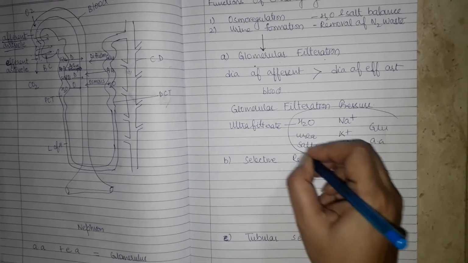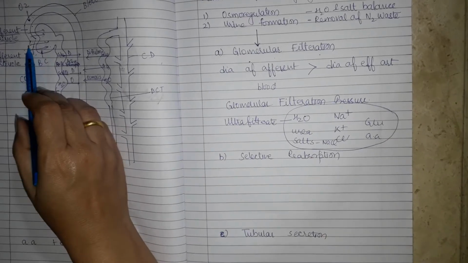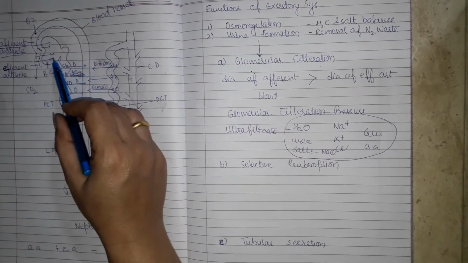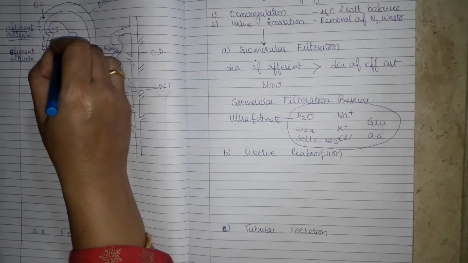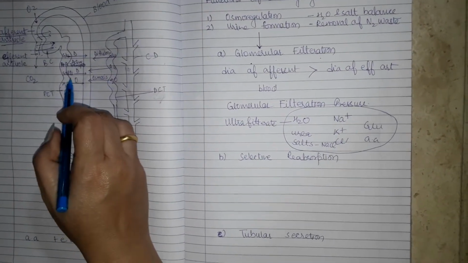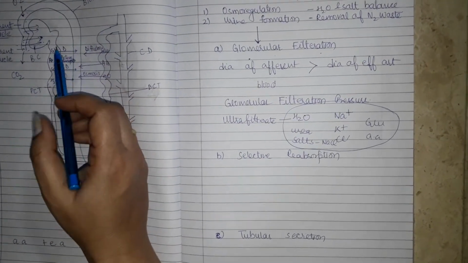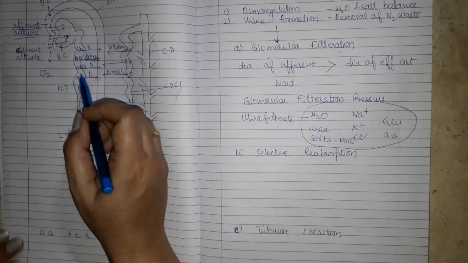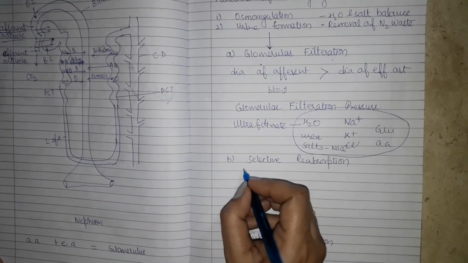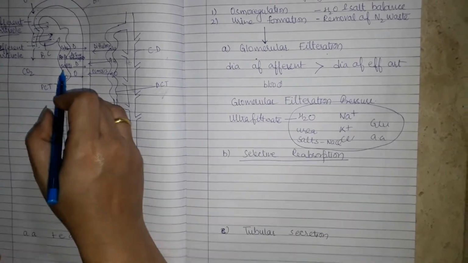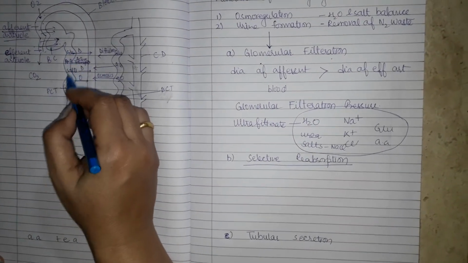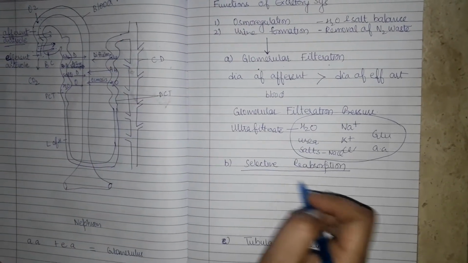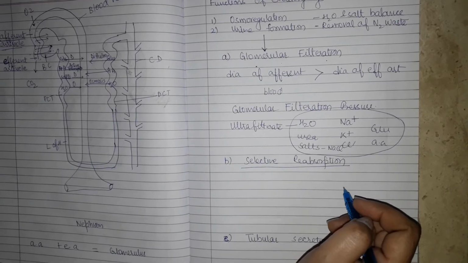So these substances get filtered from the blood into the nephron. अब ज़रूरी नहीं है कि जो सब्सटेंसेस फिल्टर हुए हैं वो सारे ही एक्स्ट्रा हैं और दे आर टू बी रिमूव्ड आउटसाइड द बॉडी. तो जितने यूजफुल सब्सटेंसेस हैं they are absorbed back into the blood while passing through these tube-like structures, and this process is called selective reabsorption.